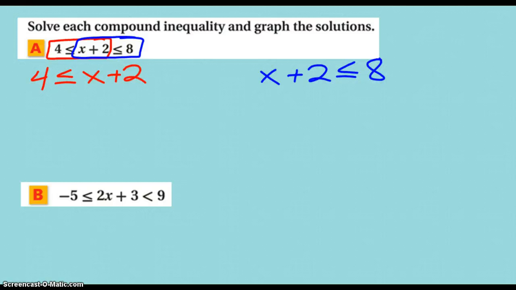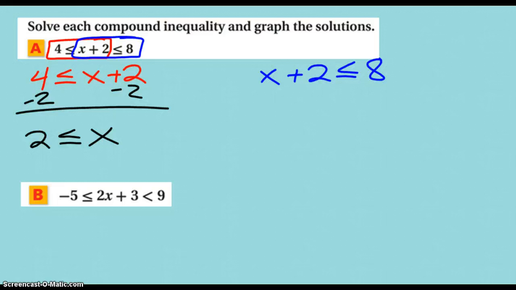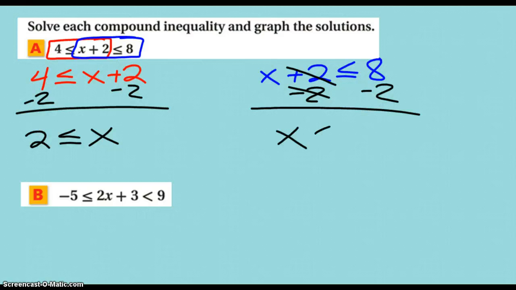So if we do that, subtract 2, and I'm left with 2, and x is greater than or equal to 2. Same thing to solve here, subtract 2. We've got x is less than or equal to 6.